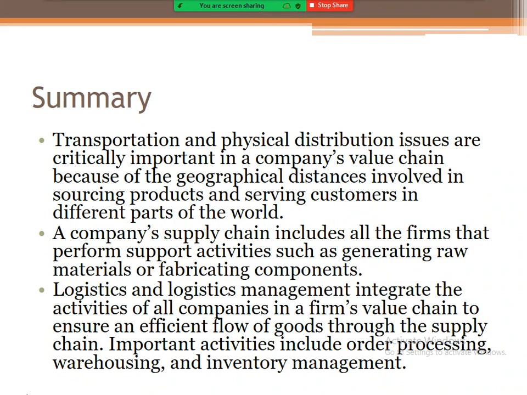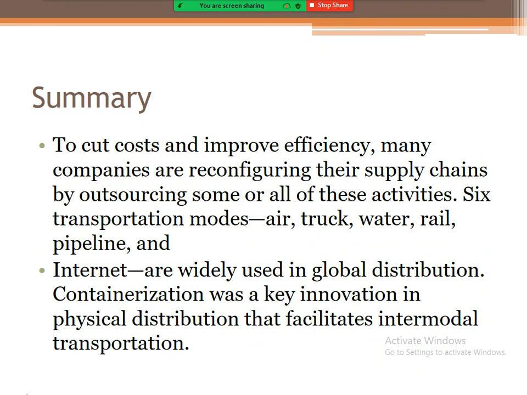Then logistics and logistics management integrates the activities of all companies in the firm's value chain to ensure an efficient flow of goods through the supply chain. Important activities include order processing, warehousing, and inventory management. To cut cost and improve efficiency, many companies are reconfiguring their supply chains by outsourcing some of these activities.